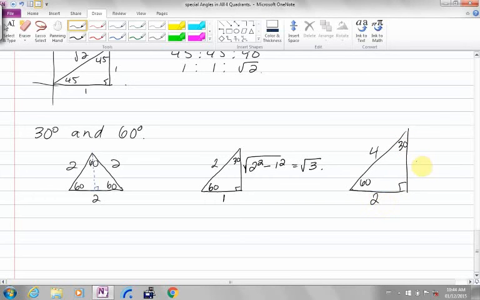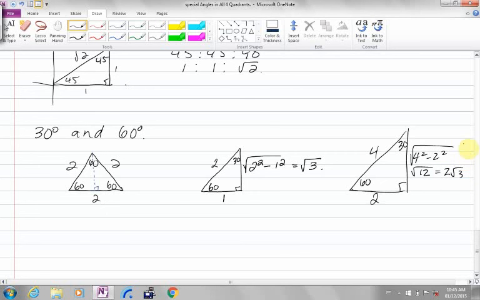What's the height going to be? People are already guessing, which is good. So 4 squared minus 2 squared, so 16 minus 4 is root 12, which simplifies down to 2 root 3. Who knew?